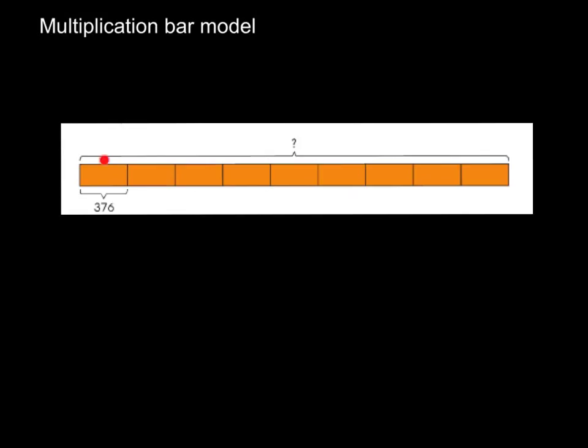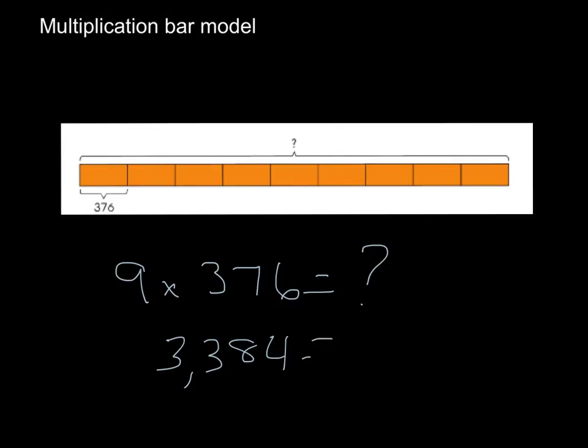We can count there are 1, 2, 3, 4, 5, 6, 7, 8, 9. So we have 9 groups of 376 is the total length of my bar, or is the question mark. And by doing the arithmetic, we would see that 3,384 is the value of the whole bar.